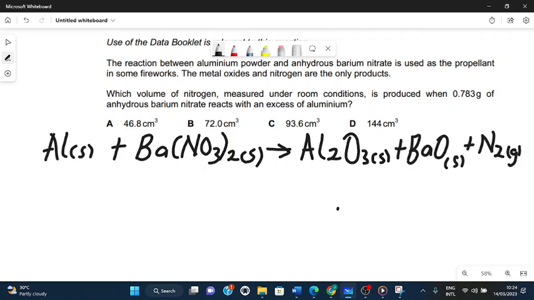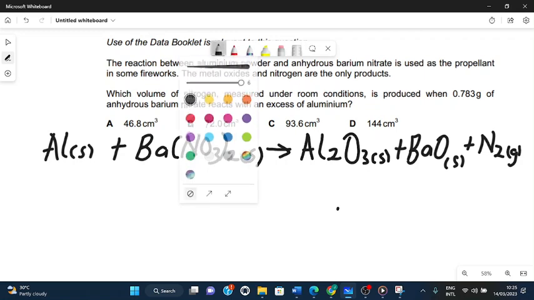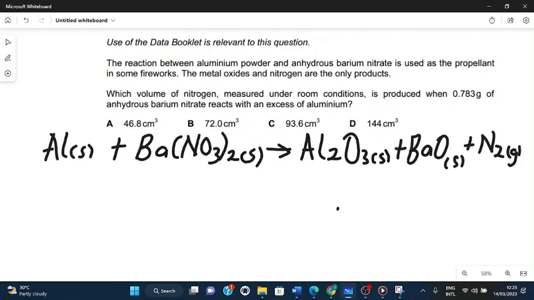The number of atoms of aluminum, barium, nitrogen and oxygen in the reactants will be equal to those in the products. That's when the equation is balanced. So the challenge is for us to balance the equation, and that's what we're going to do.